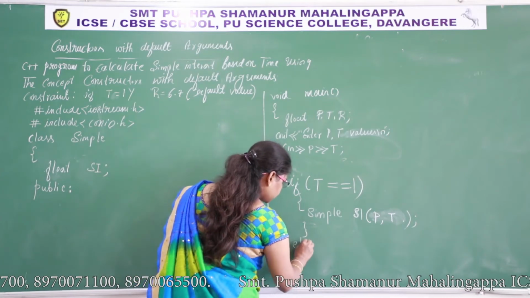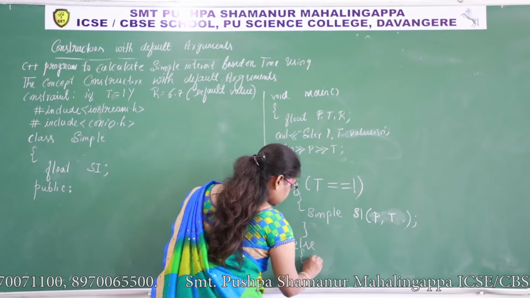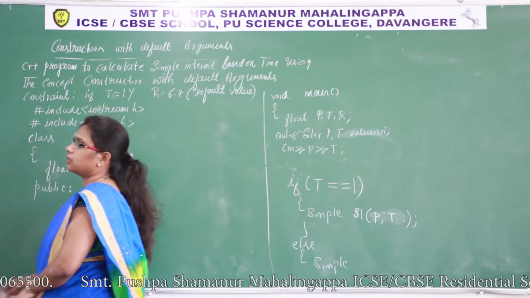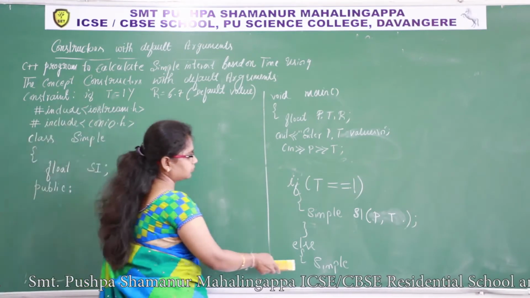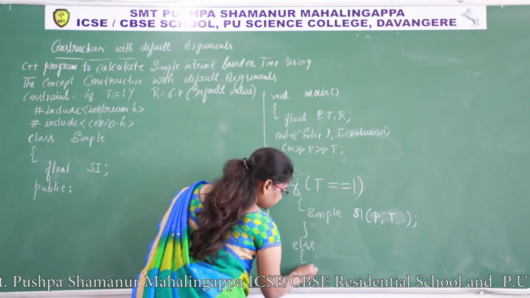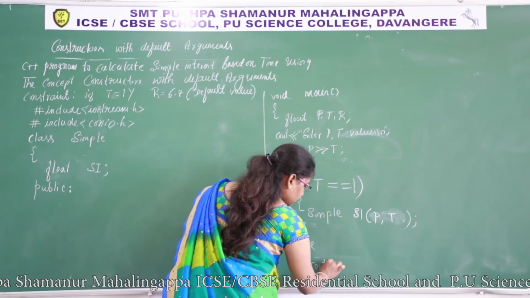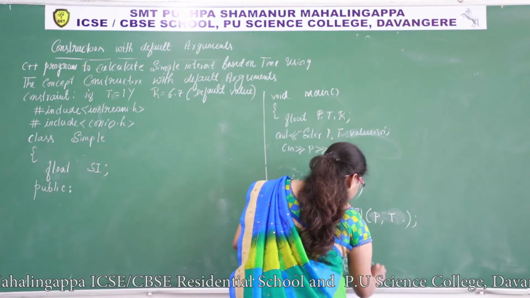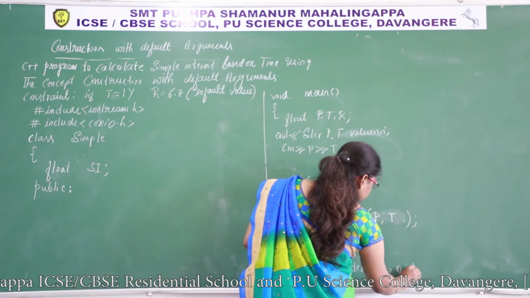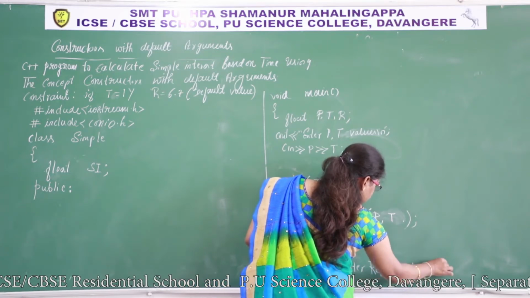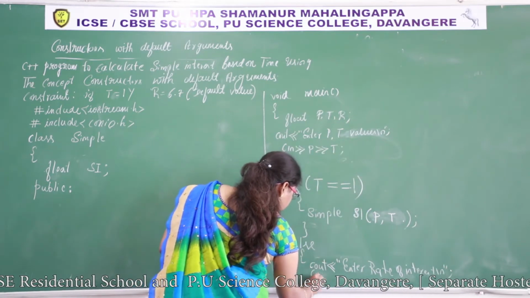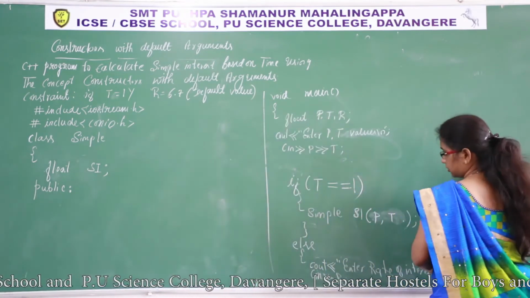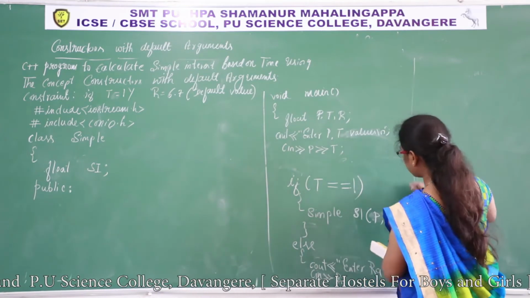After else, simple, else I have to ask for the rate of interest, no? See cout insertion, enter rate of interest, cin extraction, R. Based on this, we have to create another object and pass that.